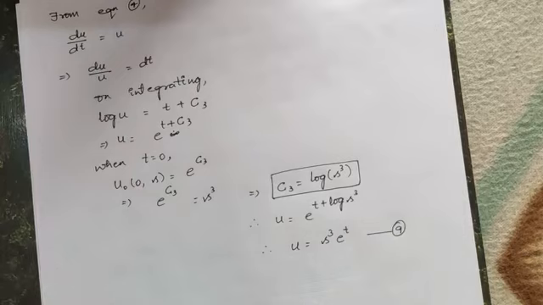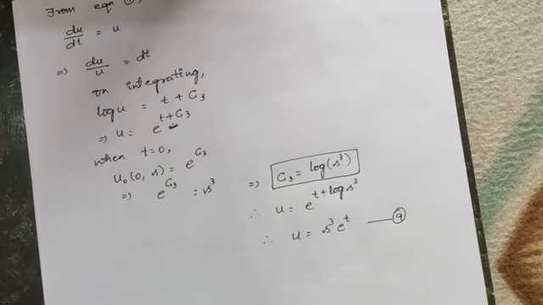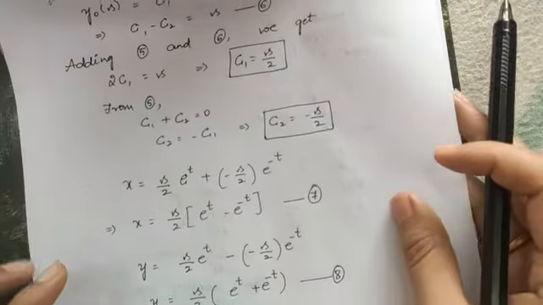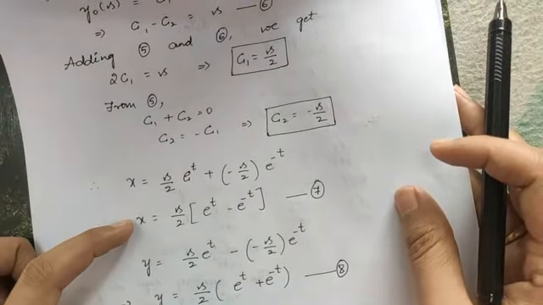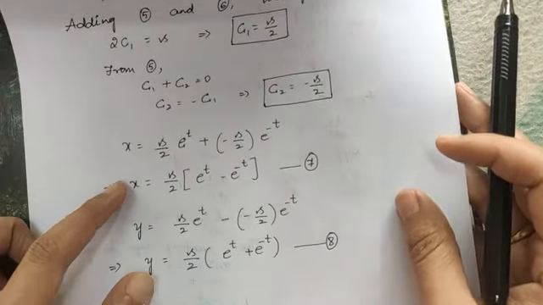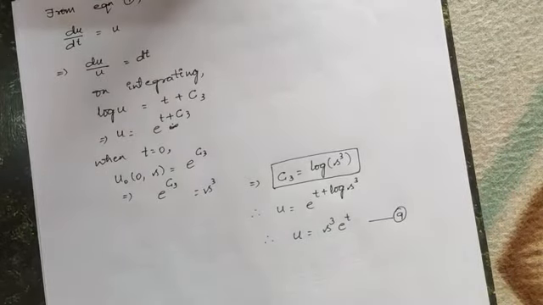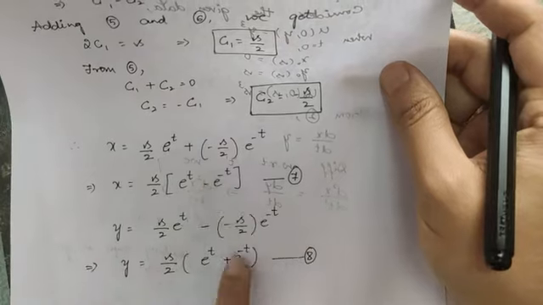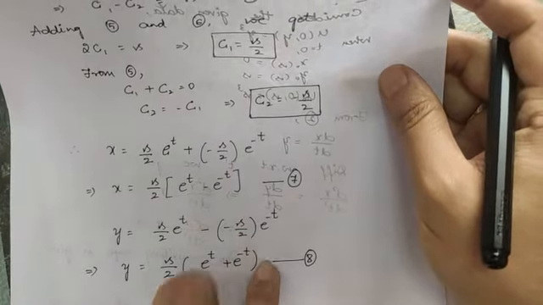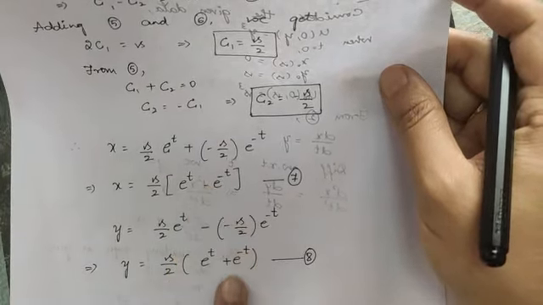So for that, what I will do is I will add your equation number 7 and 8, that is x and y you have, right? So I will add these two equations. If I add 7 and 8, I will get these two terms cancelled, since I have minus and I have plus here.